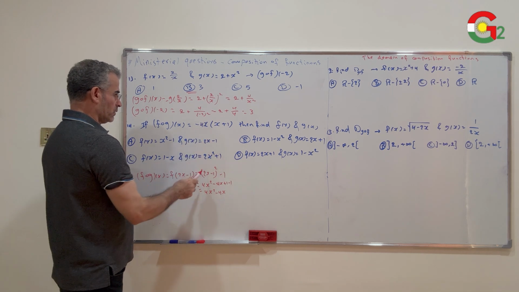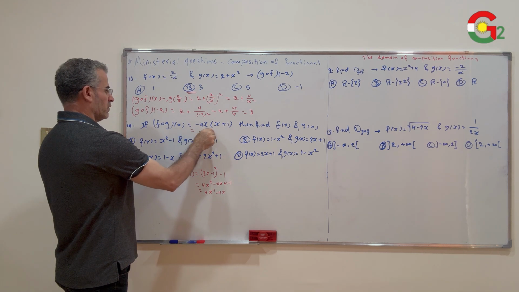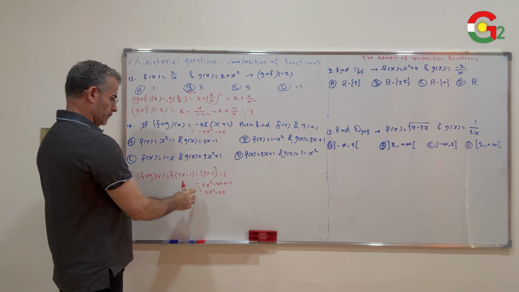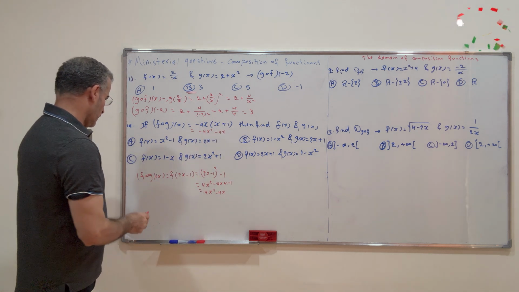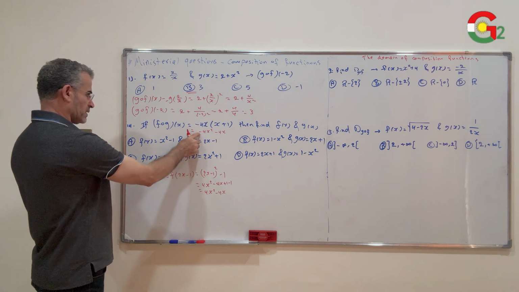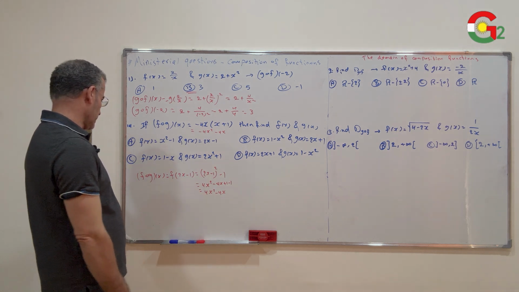It is not true because the function here is negative 4x squared minus 4x. I have no negative here. The first term is negative 4x squared, here the first term is 4x squared.